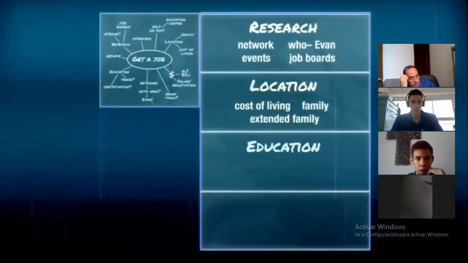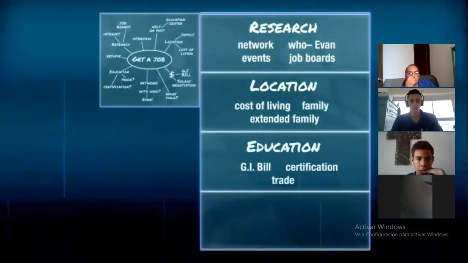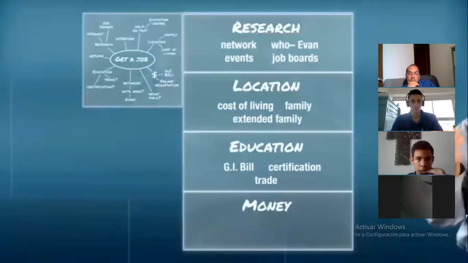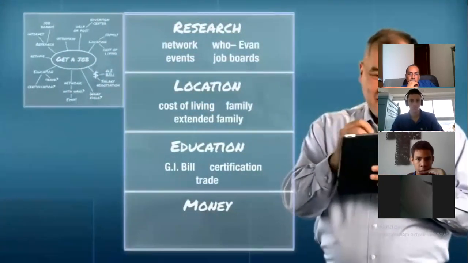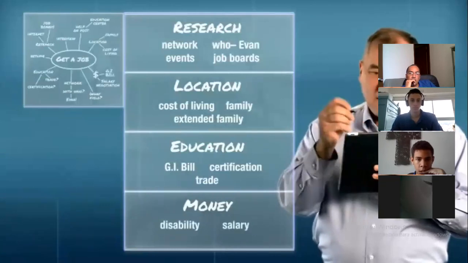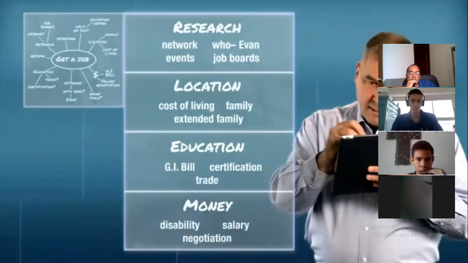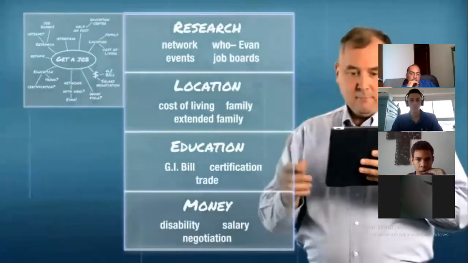GI Bill goes under that. Certification or trade goes under that. Let's see what's left. How about money? Money, yeah, that's important. Under that goes disability, salary, and salary negotiation.